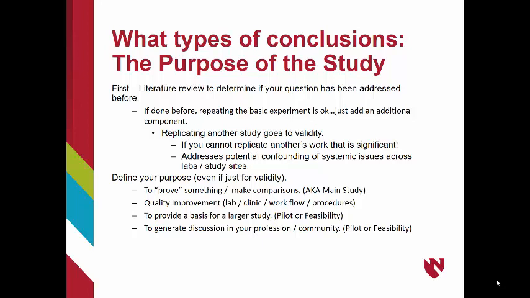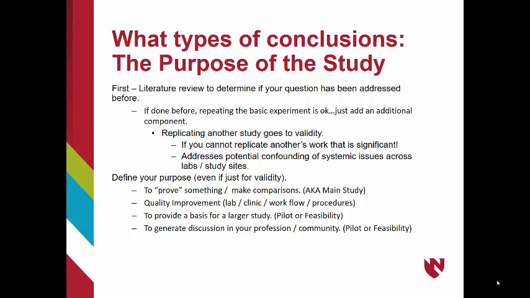The idea behind replicating a study is you're going to show that it has validity other places. Just because one site does it doesn't mean it's going to work at another site. So if you can replicate what another lab or another clinic has done, that's great. That shows validity towards the method that you're looking at.